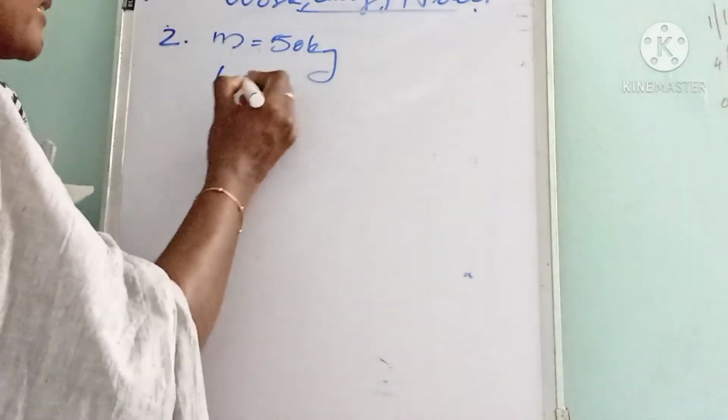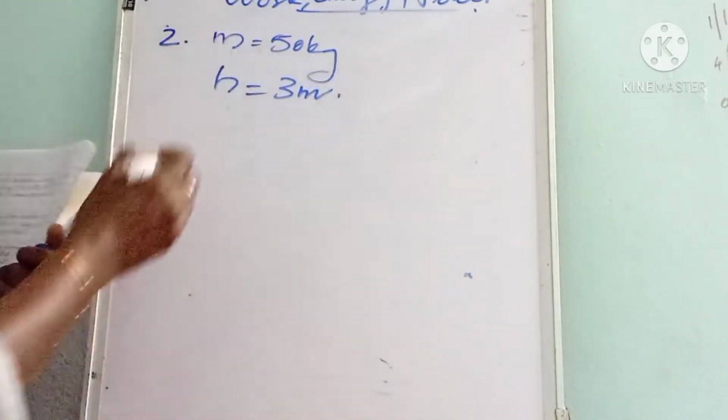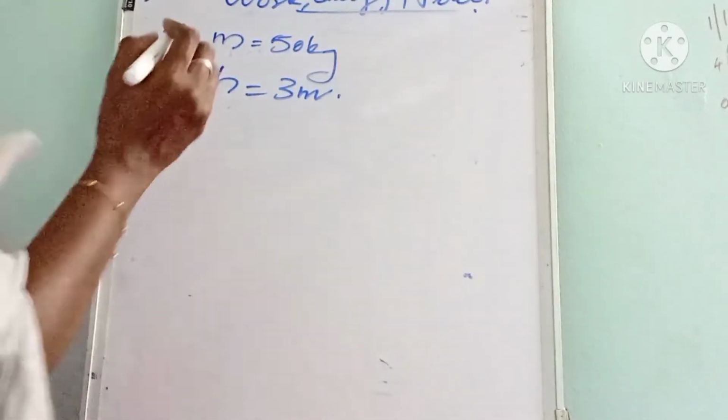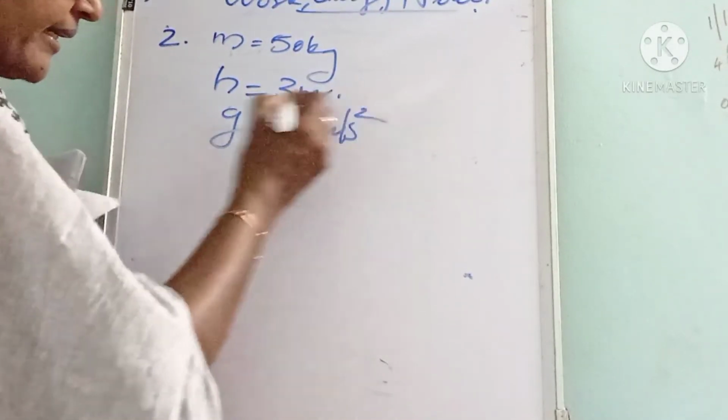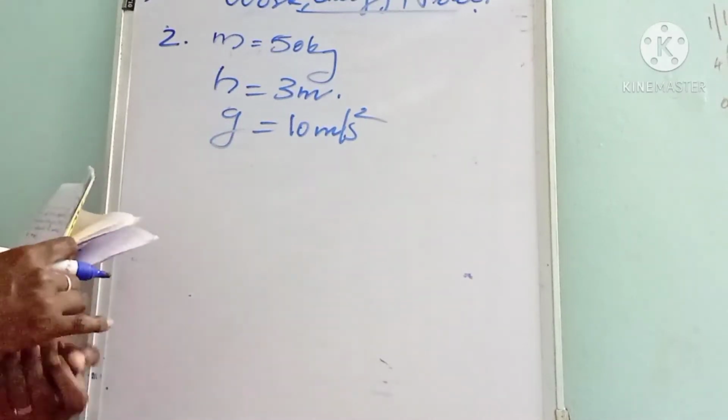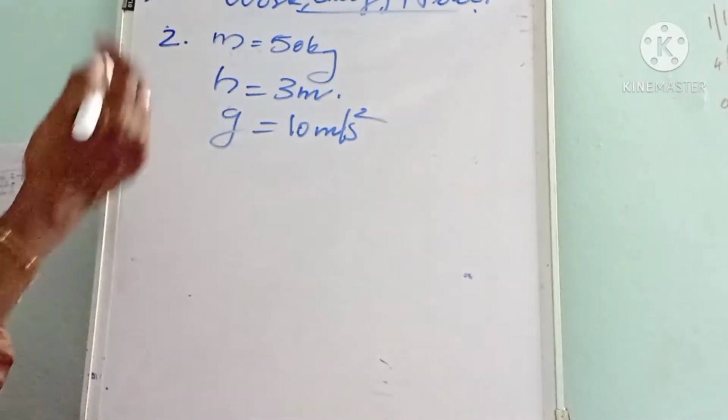So height h is given as 3 meter. Then the acceleration due to gravity g is also given as 10 meter per second square. We have to calculate the work done.